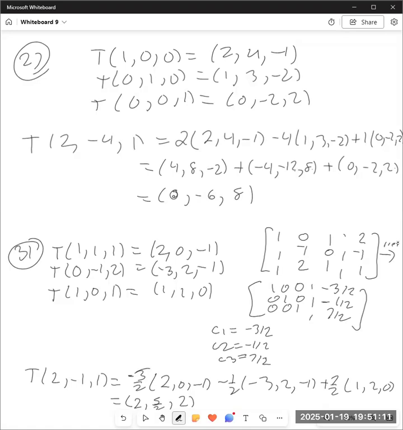Then 0, -1 is -1, plus 7/2. So 7/2 minus 1 is 7/2 minus 2/2, which is 5/2.